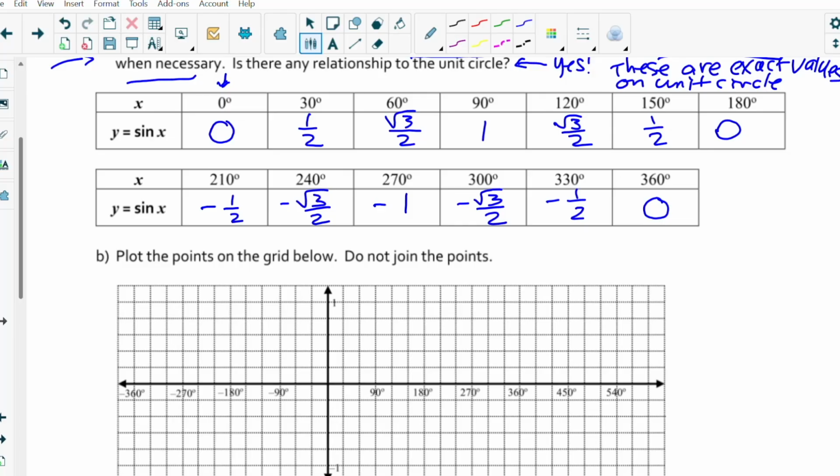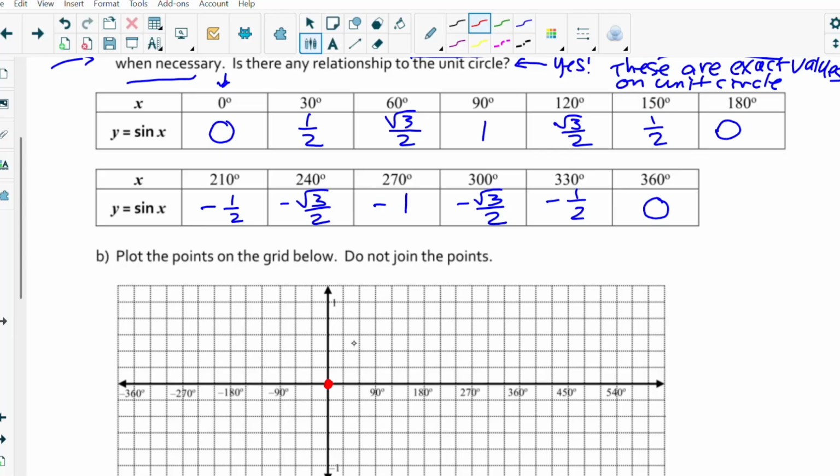Okay? All right, so I'm going to start at 0, 0. Then I have 30 degrees, 1/2. Each of these tick marks is 30, right?